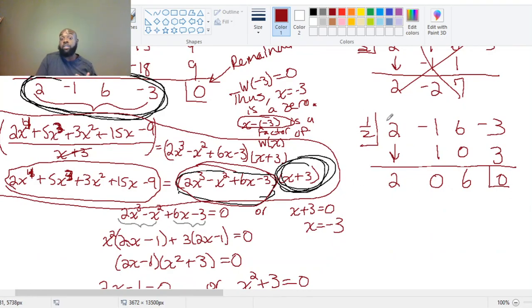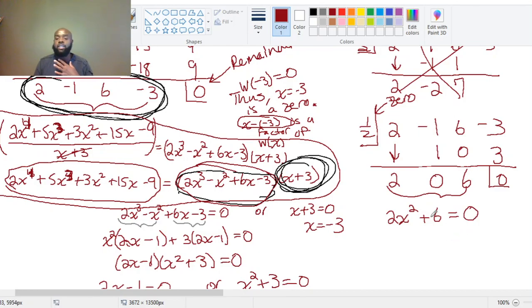since I got a remainder of 0, I know that this is a 0 of my polynomial. X equals 1/2. And then my quotient, now since this was to the 3rd power, my remaining quotient is to the 2nd power. And if I want to find that 0, then I'm going to have to come back to a regular equation, because I can try synthetic division as with all of my other rational zeros.